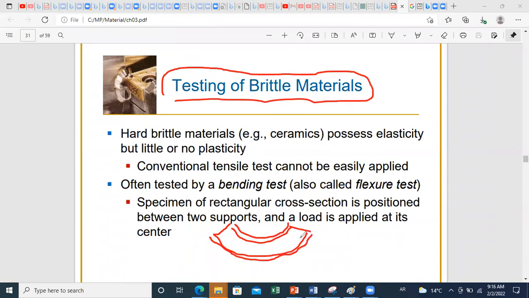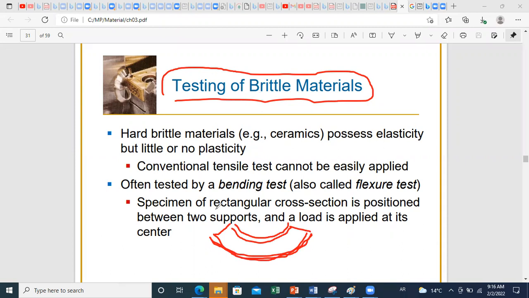Then we can consider that fracture will occur when the tension limit is exceeded for the bottom fibers. So we can detect failure using bending, because the tensile test is not easy to apply for brittle material.